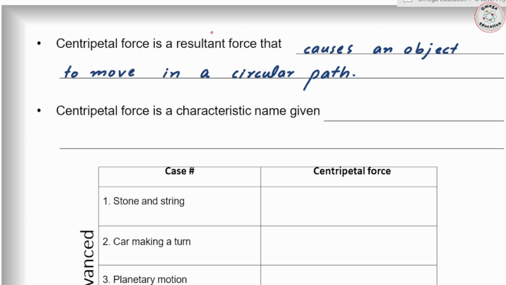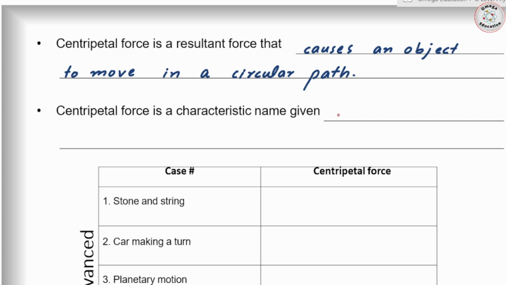If it is a magnetic force that is making an object, let's say an electron, move in a circular path, that magnetic force would be the centripetal force. If it is a gravitational force, then that gravitational force can also be called centripetal force.